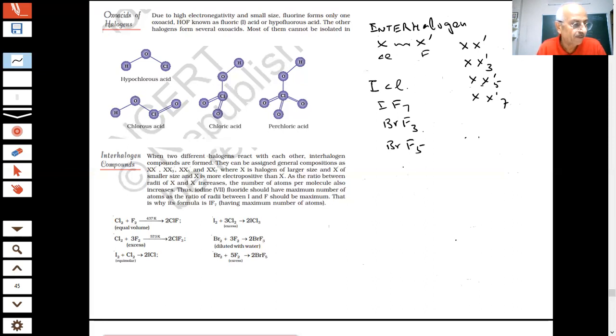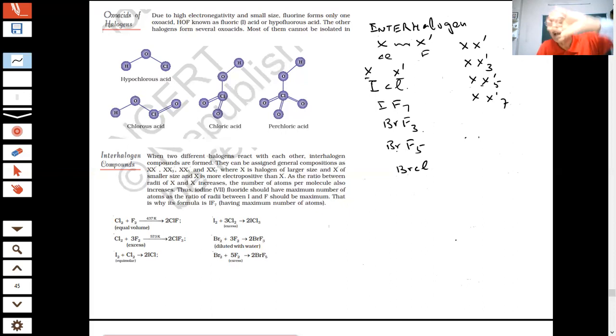In all these compounds, I write BrCl. What are we observing, student? This is my X. This is my X dash. So this element is larger in size. X dash is smaller in size. Then which is more electronegative here?